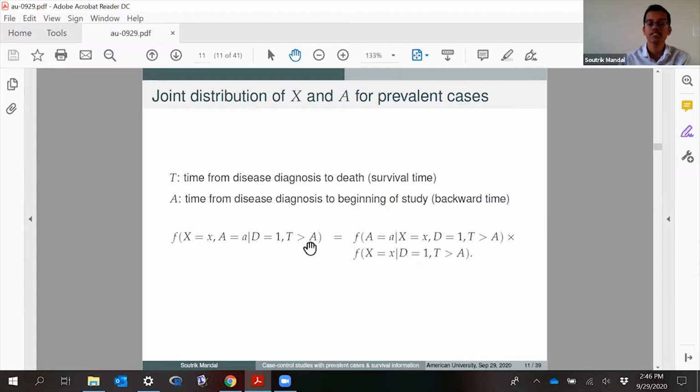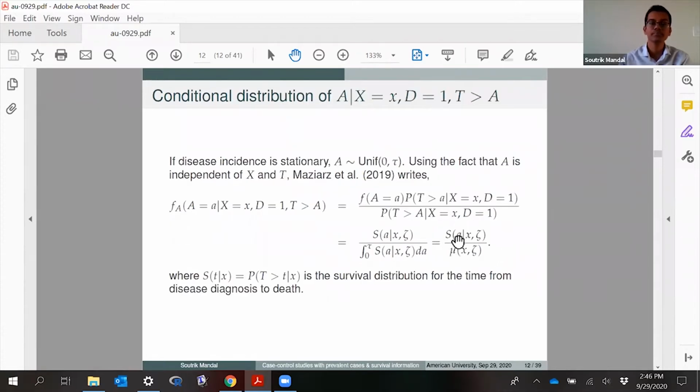So we can split this joint distribution into the conditional distribution of a given x and the exposure distribution given the rest of the terms. So let's focus on the first one, the conditional distribution of a given x. If disease incidence is stationary, then the backward time follows a uniform distribution, 0 to tau.